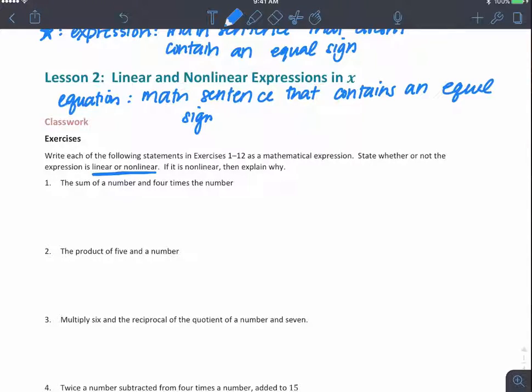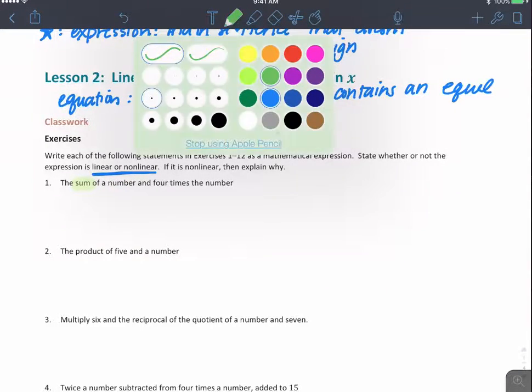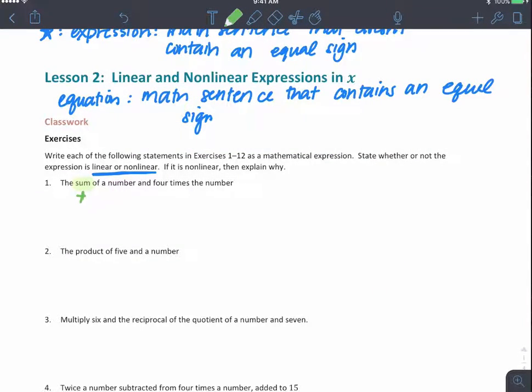Okay, so again, just for some practice, we know that sum means that there's going to be some addition in our math sentence. We know that there's a number involved, and that there is 4 times in there. So we know there's 4 times something in there. And we see again this phrasing, the number.